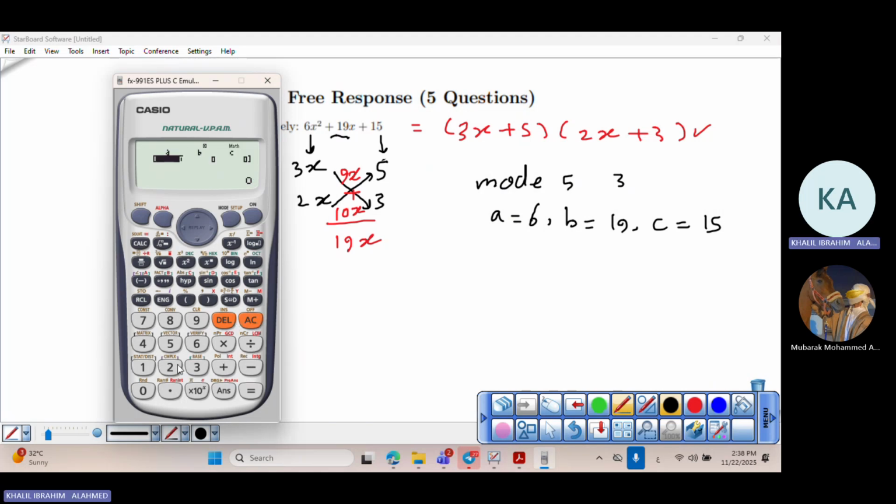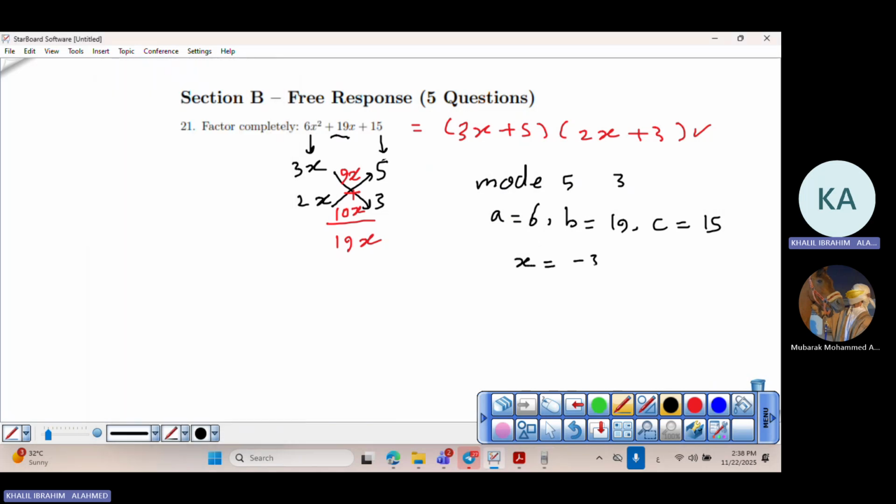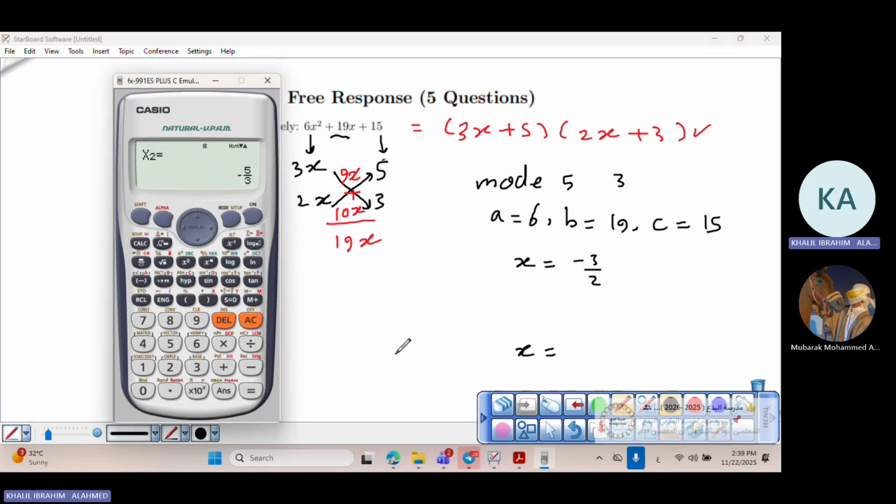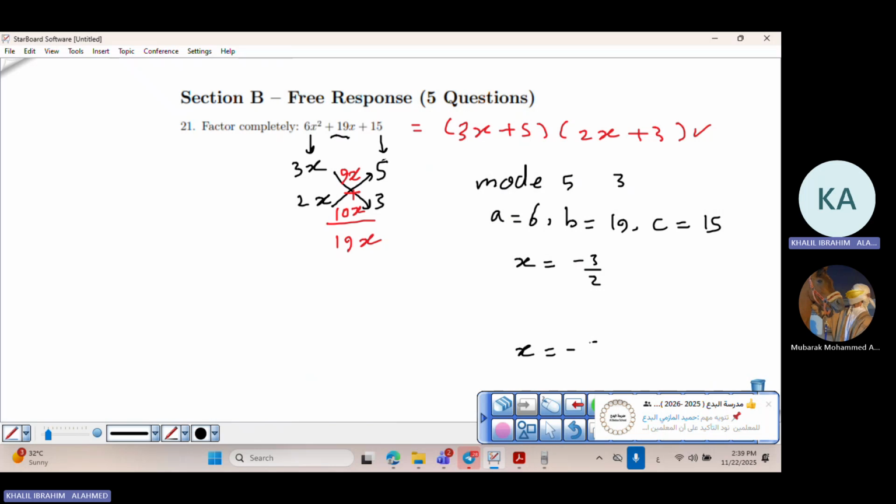A equals 6, B equals 19, and C equals 15. To get the answer, as you see, x equals negative 3 over 2. And the other solution, x equals negative 5 over 3.